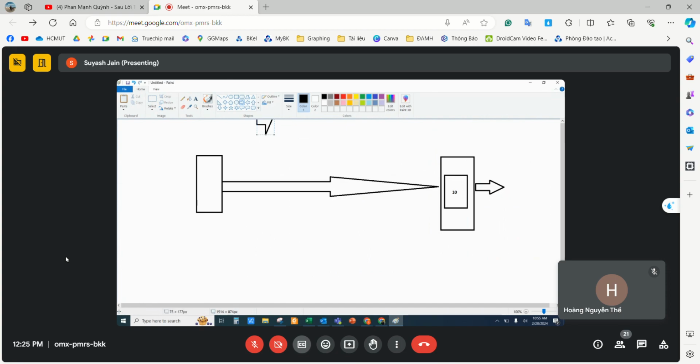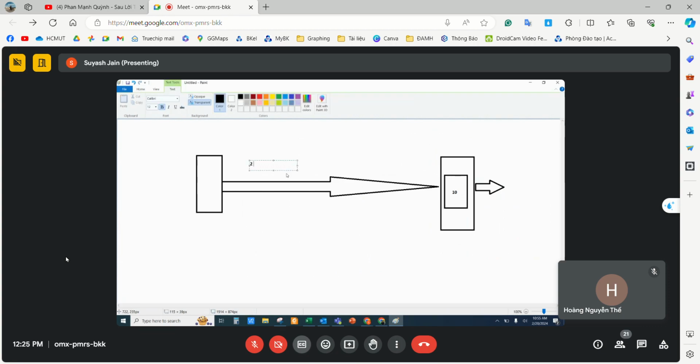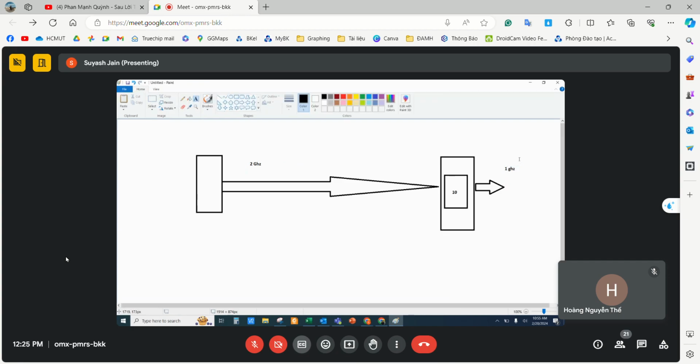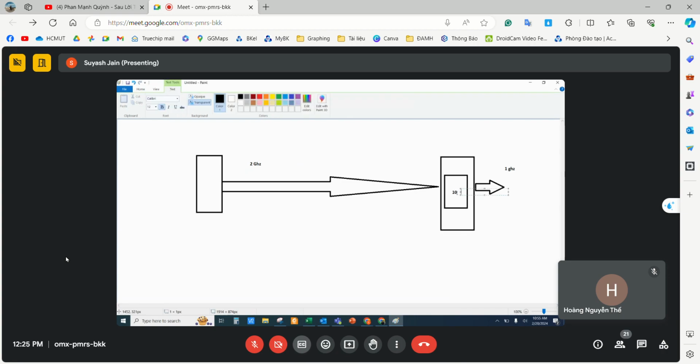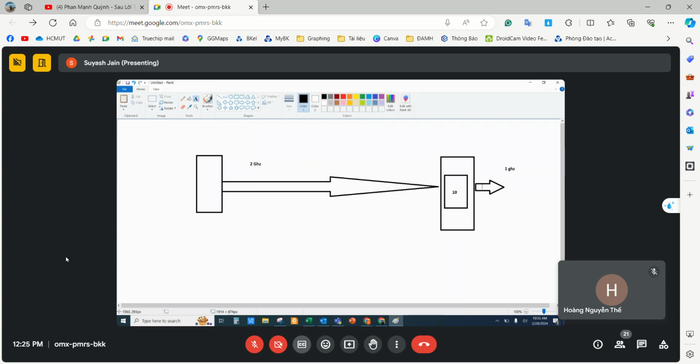At this point the frequency over here is suppose 2 gigahertz, and the frequency over here is suppose 1 gigahertz. Okay, so master will continuously send the transaction, but here the transaction is slow. And the depth of the FIFO we have taken is 10. So at some point of time the FIFO will get full.